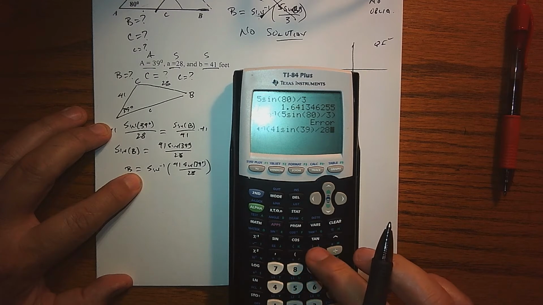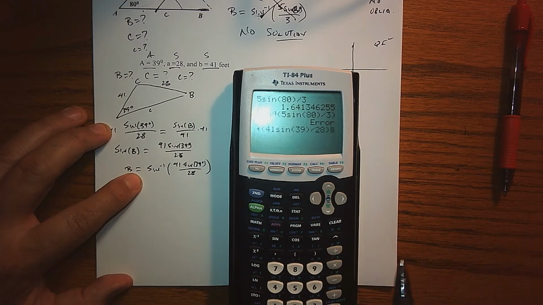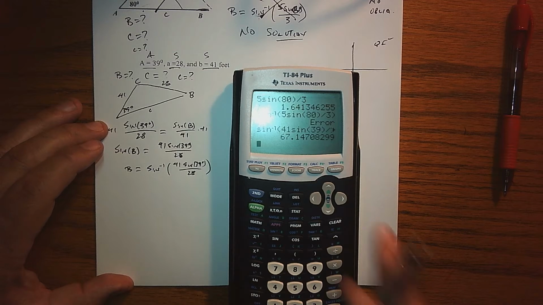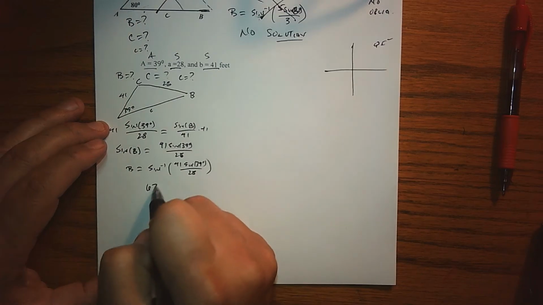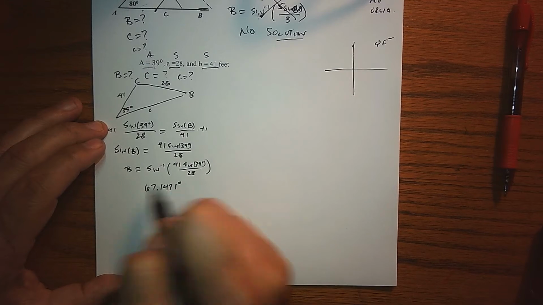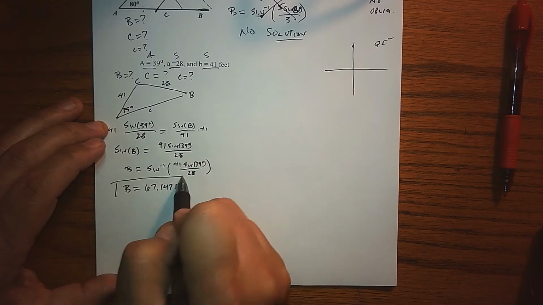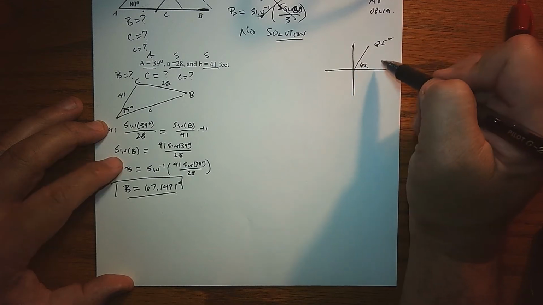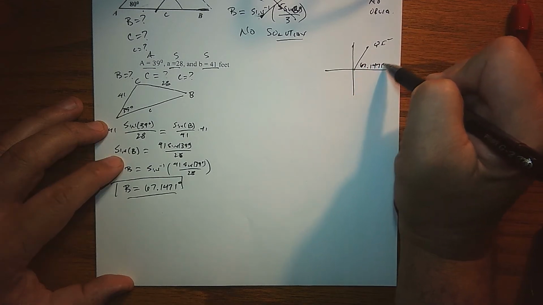If I get a domain error, it's impossible. If we get a number, that means we're good to go, and we get a number. So that means that B is 67.1471 degrees. So we have an angle in quadrant number 1, 67.1471 degrees.